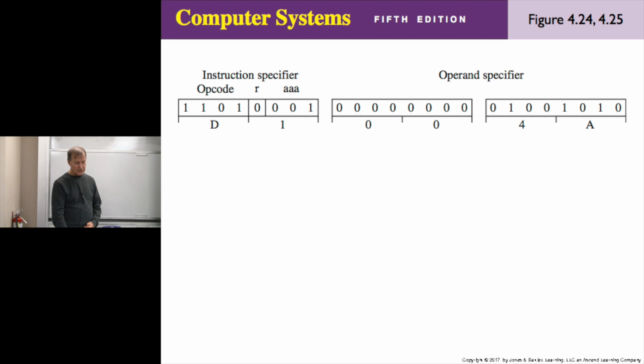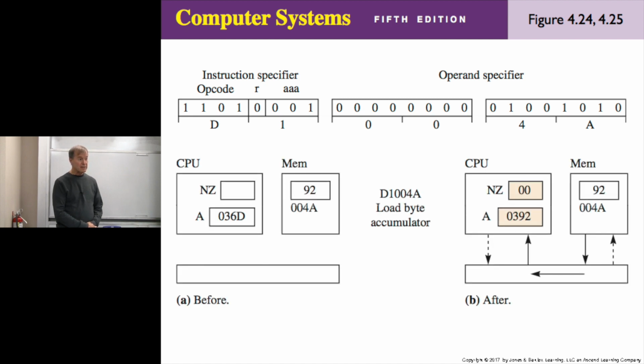Register R is 0, so that indicates the accumulator. And then 001 is the addressing AAA field. The D1 is the instruction specifier, and the 004A is the operand specifier. Are you with me? With direct addressing, the operand specifier is the address in memory of where you go to load the byte. Now, is that clear? So that's load, and we did this example with load byte and accumulator.